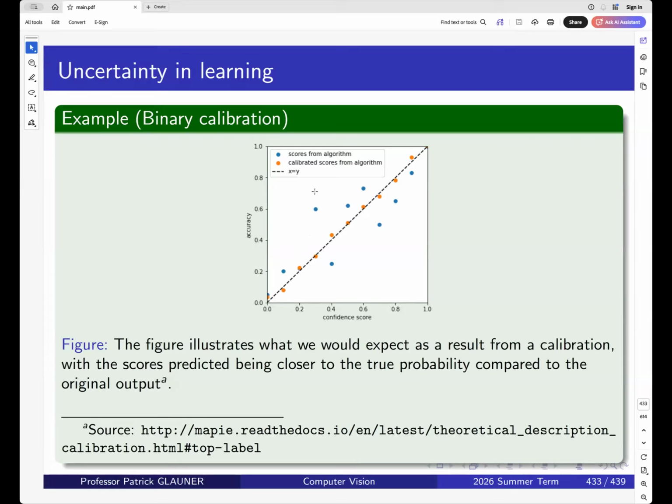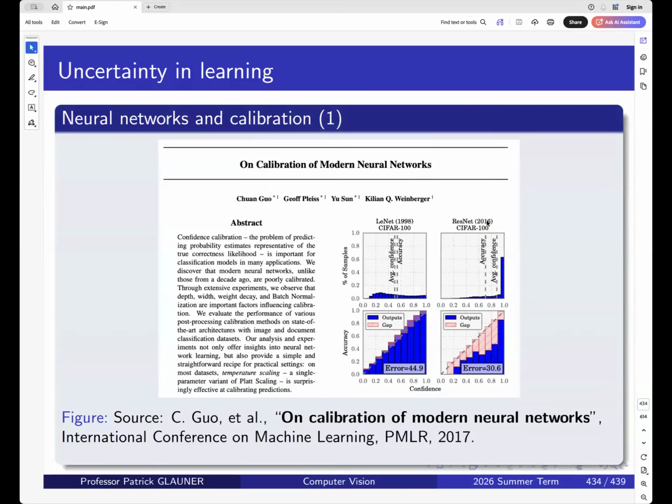But if we calibrate the model, we see in orange that we would have calibrated scores, and they would be on that diagonal. This is something we would very much prefer.